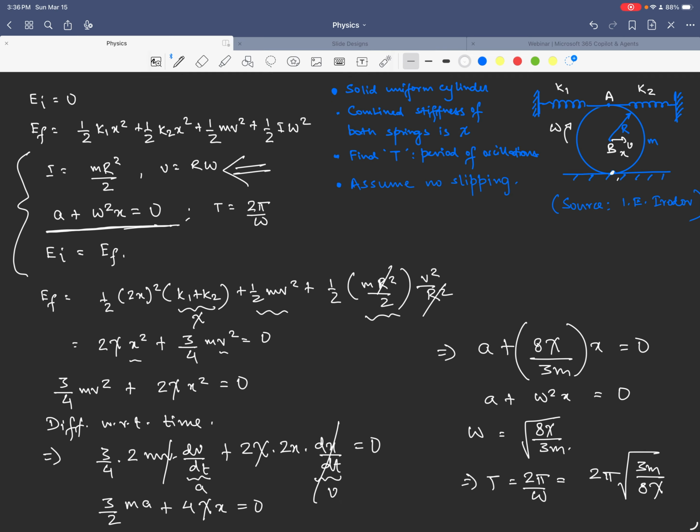And then we can also similarly think of a combined k effective of the system and just go from there, because time period is given also by 2 pi root over mass effective by k effective of the system. So it's a very cool trick. Maybe it's faster to solve that way as well. So let me know if you're interested to explore that route of solving this problem.